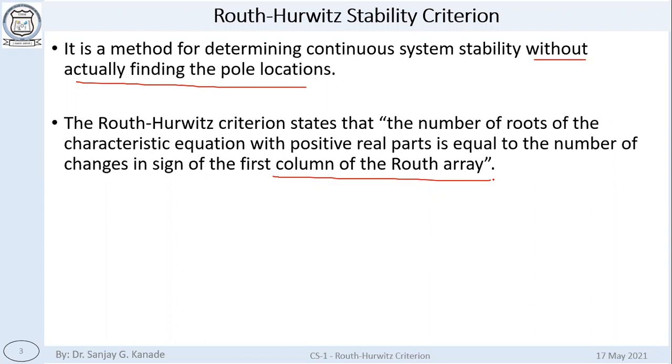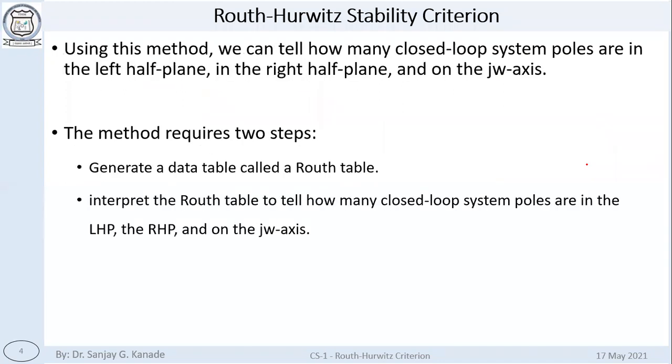So if n roots are on the right hand side, the system is unstable, because for stability there should not be any root on the right hand side. What it means again is there should not be any sign change in the Routh array as per the Routh-Hurwitz criterion.